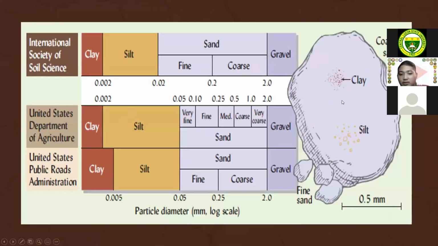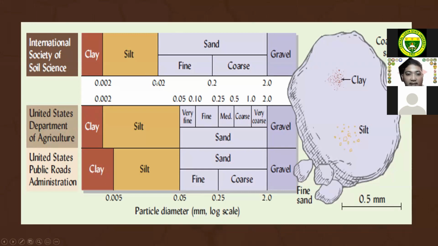So another illustration about the particle size or the particle diameter of sand, silt, and clay. So in ISSS, the upper limit of clay is 0.002, which is similar with the upper limit ng USDA classification, which is 0.002 also. Then yung silt natin, dito lang medyo nagkaiba.